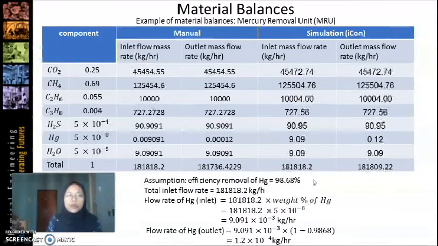Since the MRU only removes mercury, only the outlet flow rate of mercury changes, and the other components remain the same.